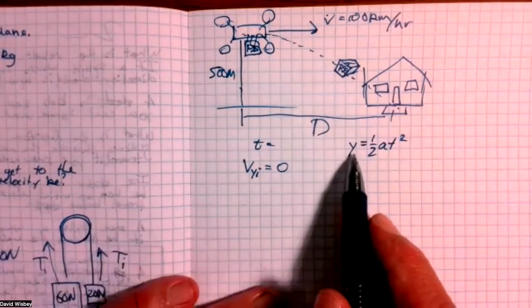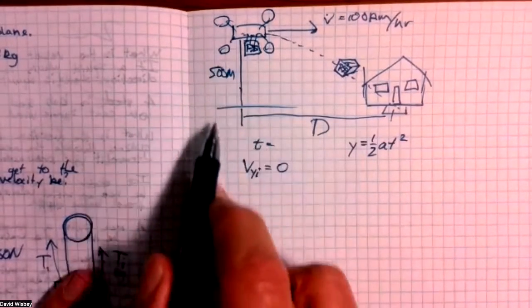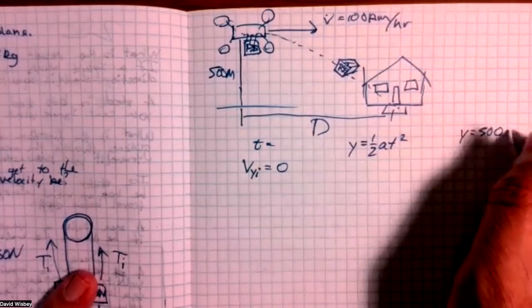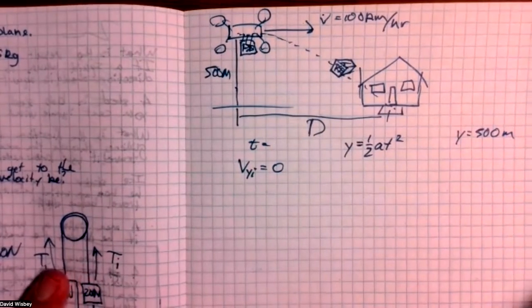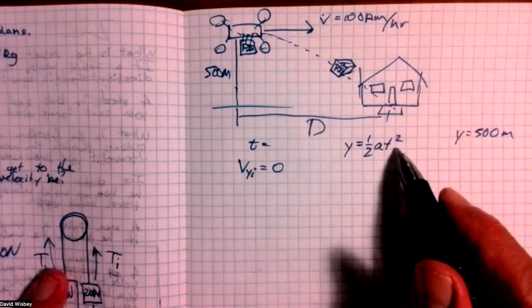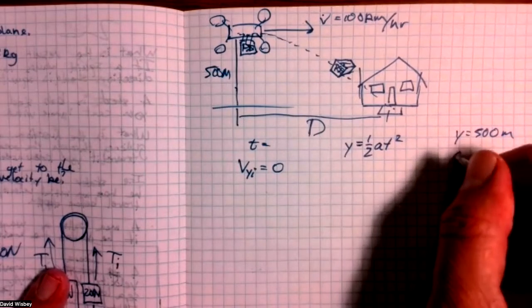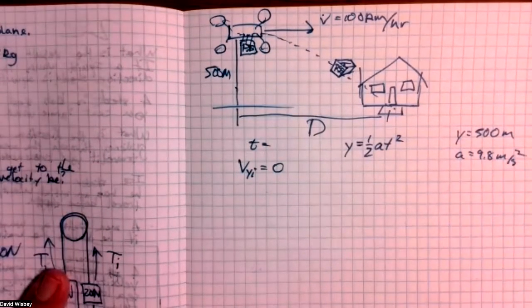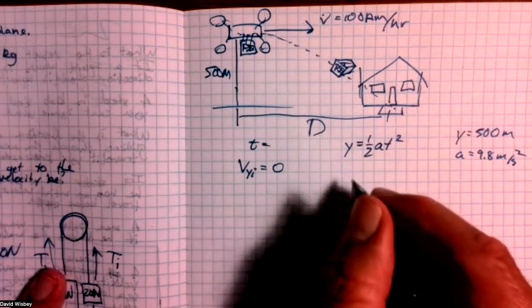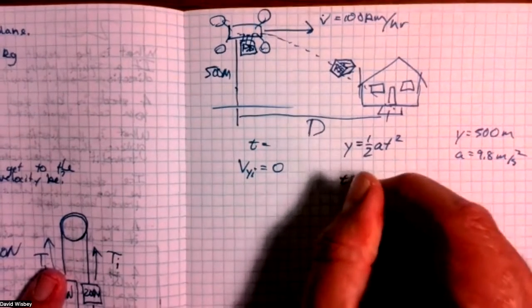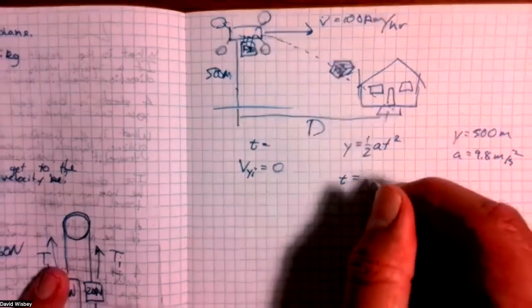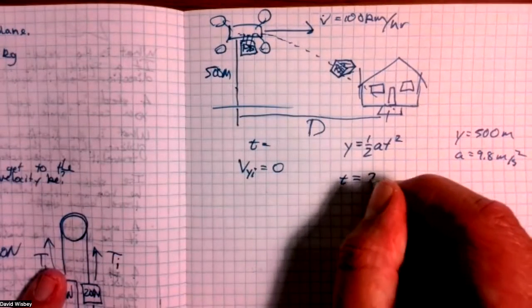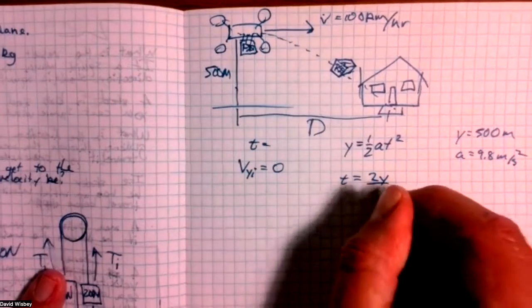So we know what the height is here. Our y is going to equal 500 meters, and we know what a is, so now we can solve for t. a is 9.8 meters per second squared. We plug all that in and t is equal to the square root of 2 times y over a.